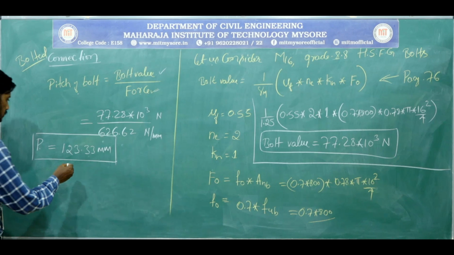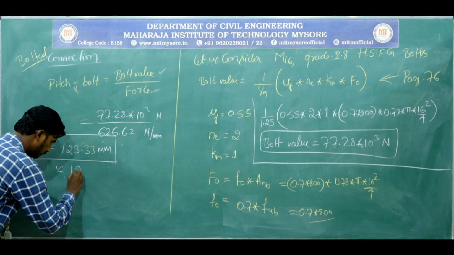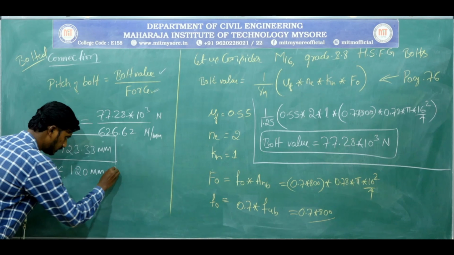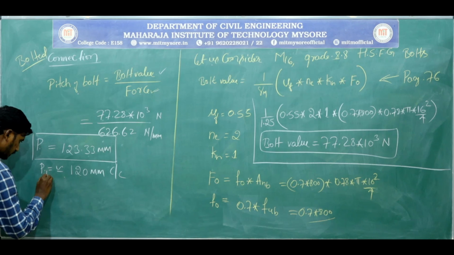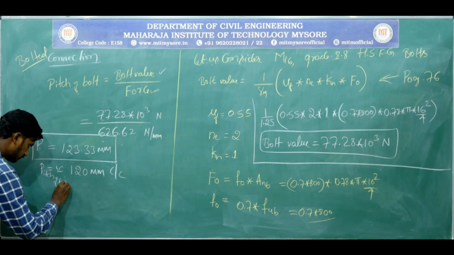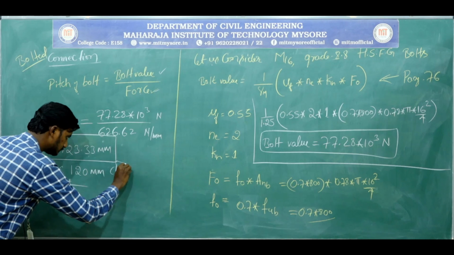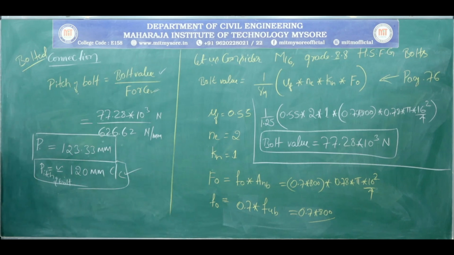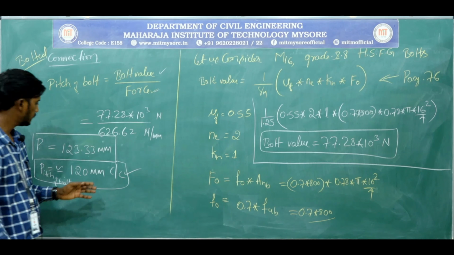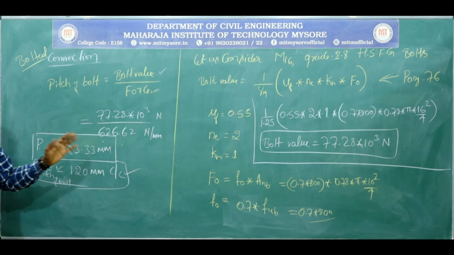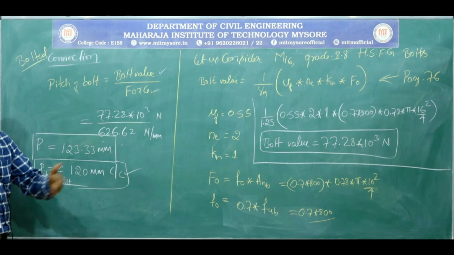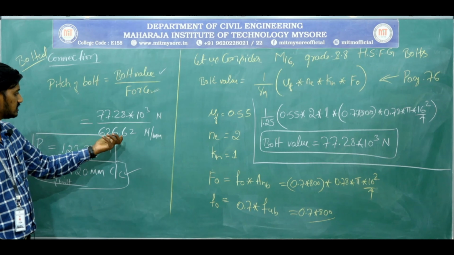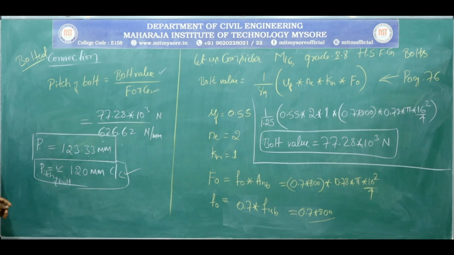Let us round off to 120 millimeter center to center as the pitch of bolt. So with this you can understand, bolts are required along the whole length at 120 mm center to center. You need to provide bolts to resist the 626.62 Newton per millimeter force.